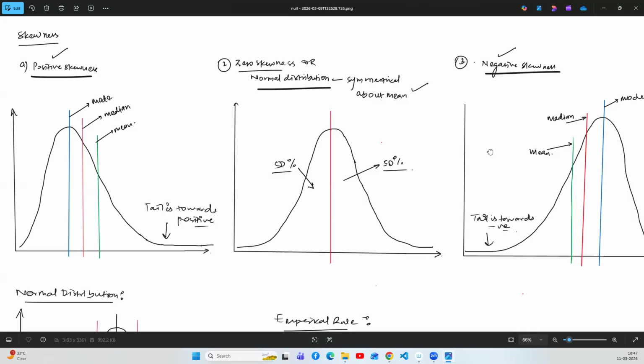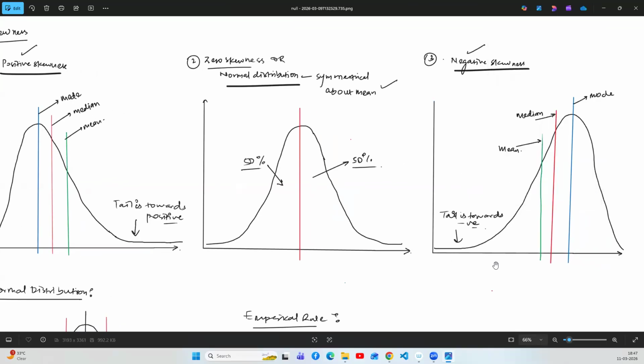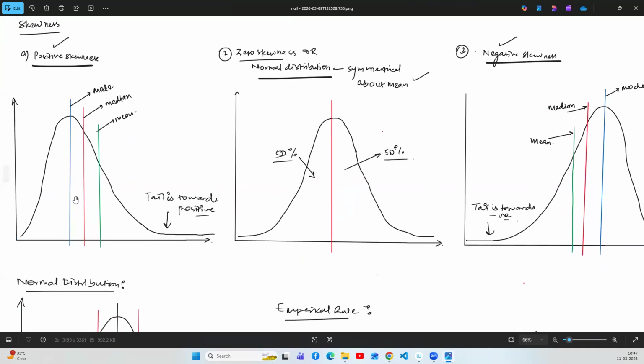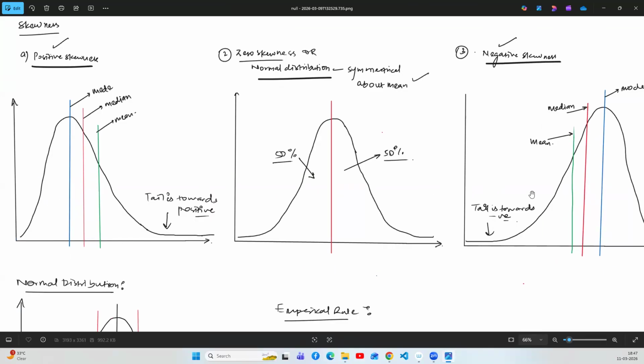Next is negative skewness. In negative skewness, the tail will be towards the negative direction. As you can see, the long tail is towards the negative direction. In this, the majority of the data will be closer towards the positive direction.